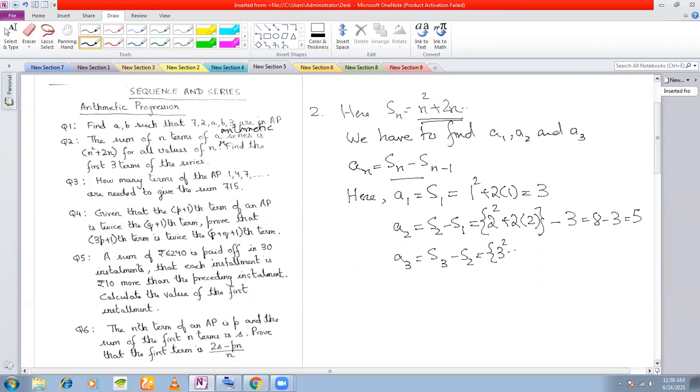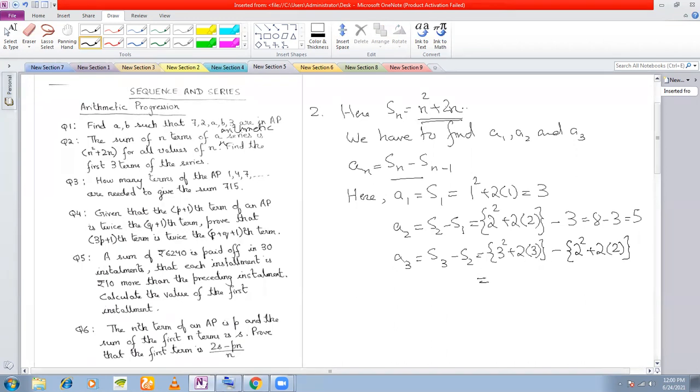Right? And therefore A3 is S3 minus S2. So 3 square plus 2 into 3 minus S2. S2 we have not calculated, S2 we will calculate here. S2 is 2 square plus 2 into 2.